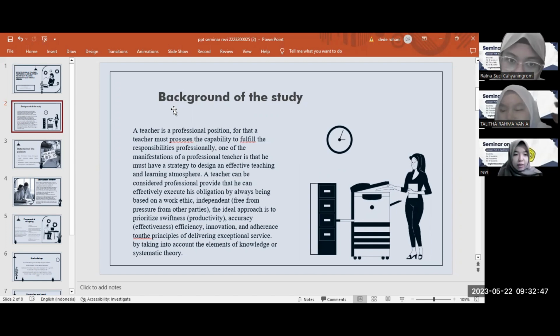A teacher can be considered professional provided that he can effectively execute his obligation by always being based on a work ethic, independent, free from other parties. The ideal approach is to prioritize swiftness, accuracy, effectiveness, efficiency, innovation, and the principle of delivering exceptional service by taking into account the element of knowledge or systematic theory.